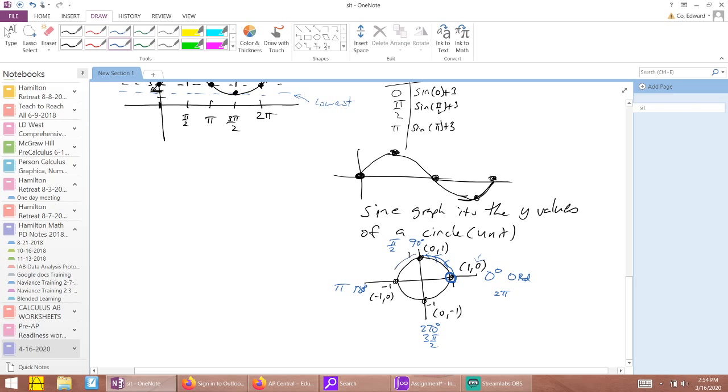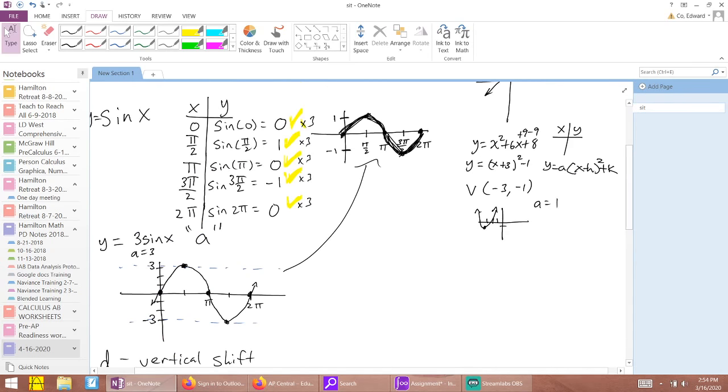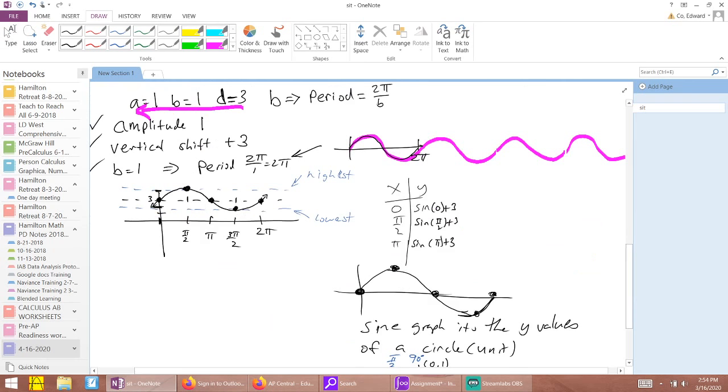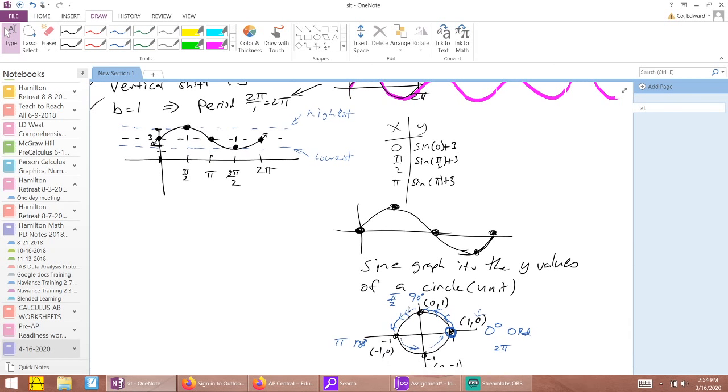As I head toward pi, as I'm turning, my y value is 0 now. And as I continue to keep turning, my y value is -1, and my y value is 0. And these are our y values up here: 0, 1, 0, -1, 0. So sine will always have this pattern.